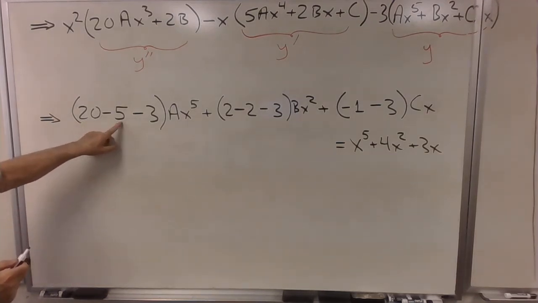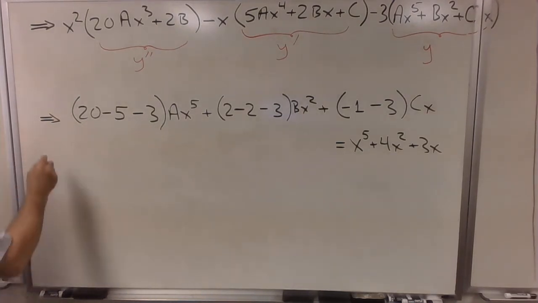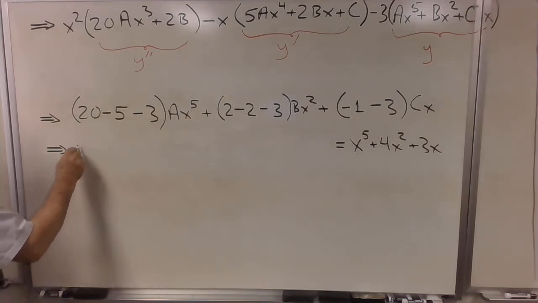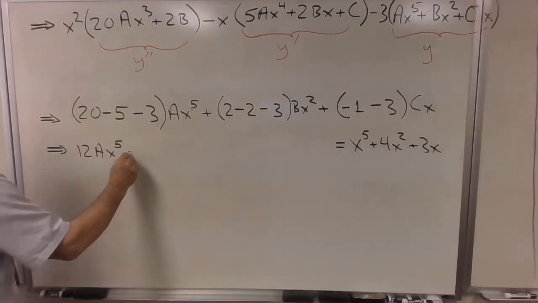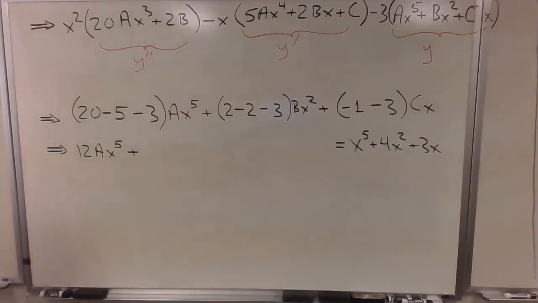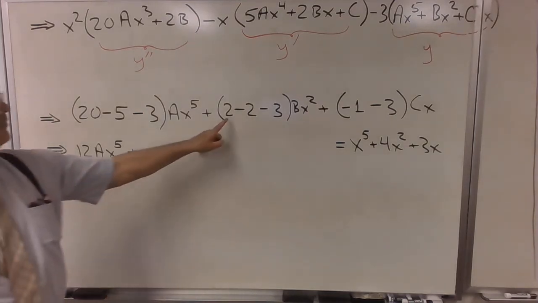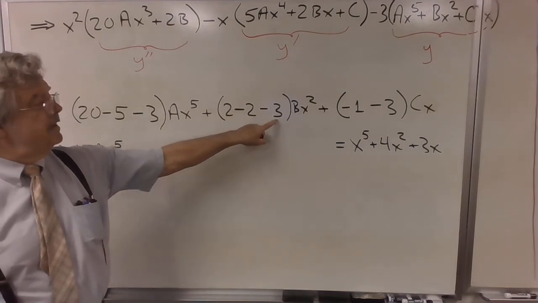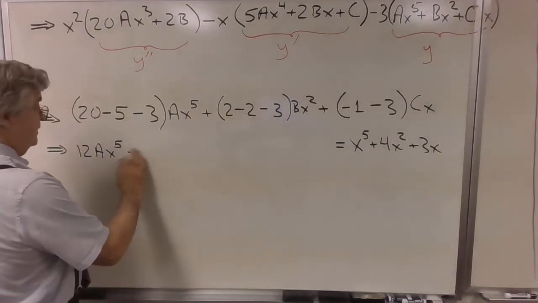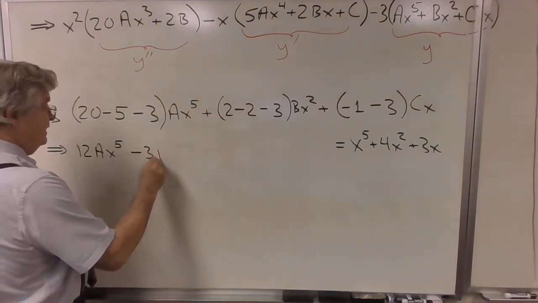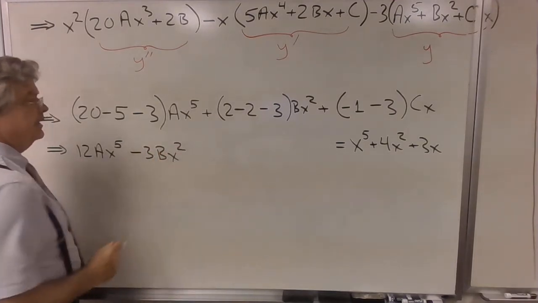20 minus 5 is 15, minus 3 is 12, ax to the 5th. 2 minus 2 is 0, minus 3 is negative 3bx squared. Okay, negative 3bx squared.